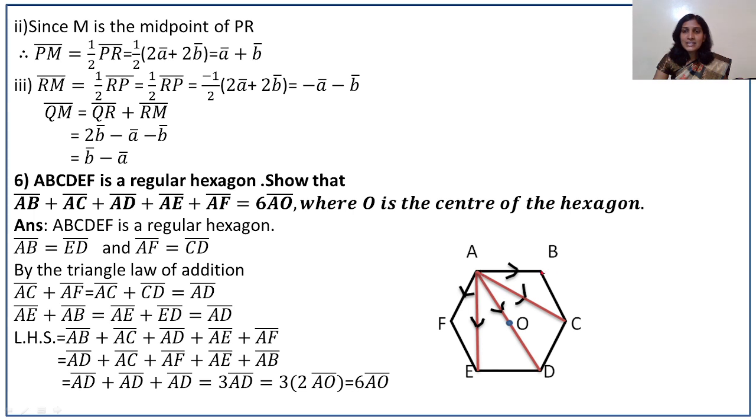But ED bar is equal to AB bar, so we write ED bar as AB bar. So AE bar plus AB bar is equal to AD bar.